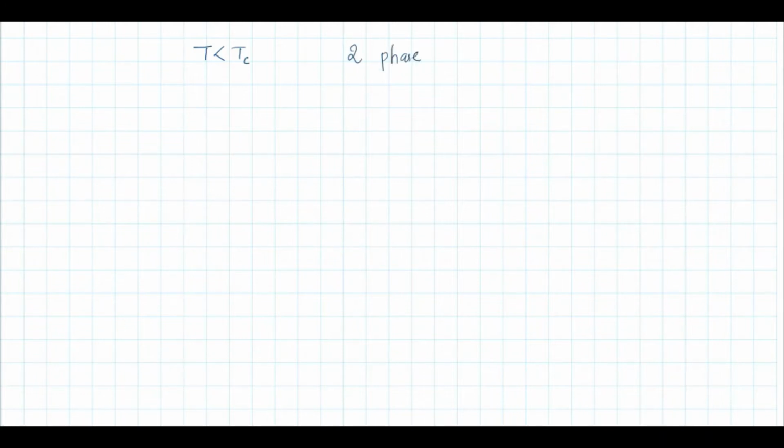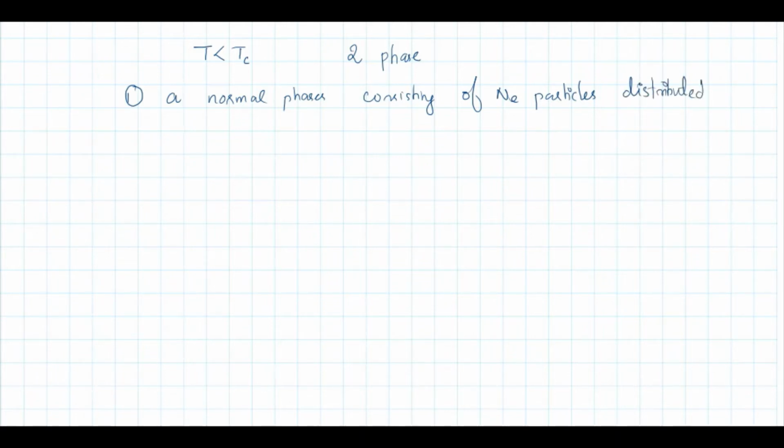The first phase is a normal phase consisting of Ne particles that are distributed over the excited states, meaning the states with epsilon not equal to 0.